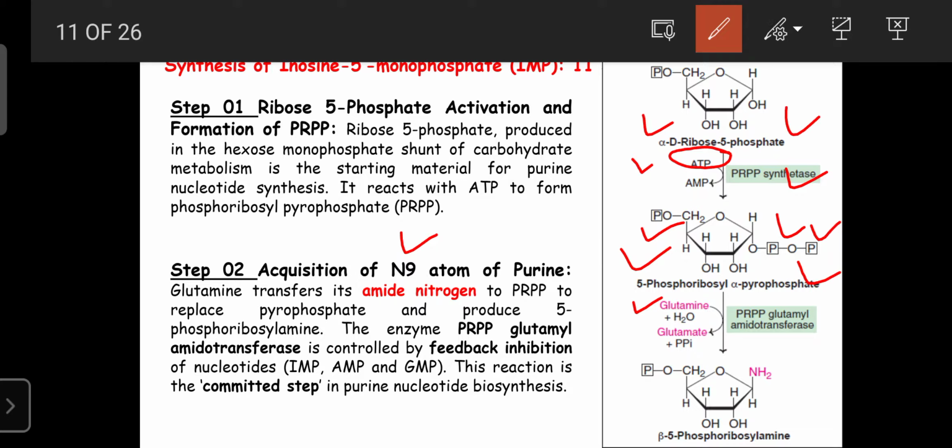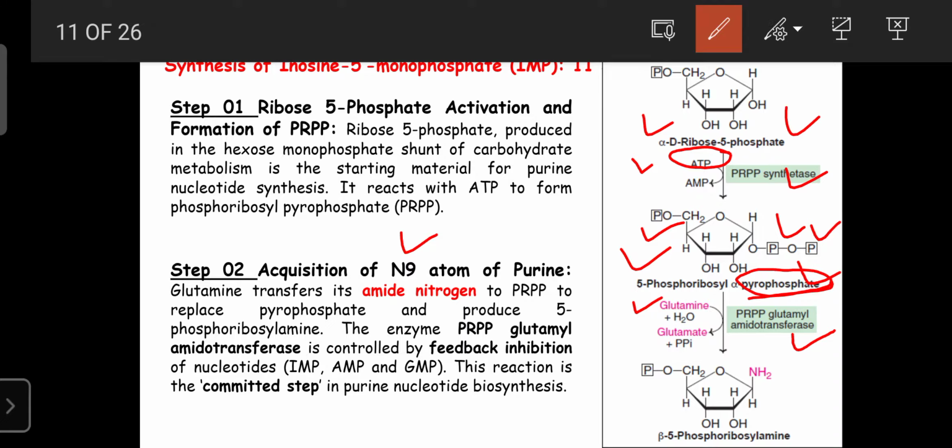It gives the amido group, and this enzyme, the amidotransferase, removes the pyrophosphate from the PRPP.